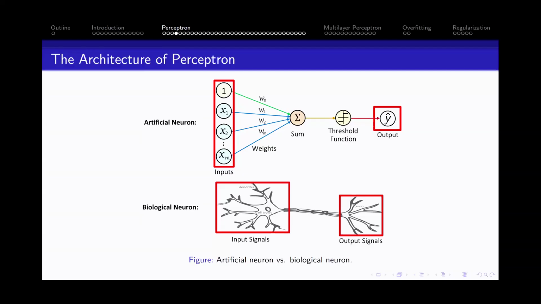So the mathematical operations that can help us fire this input signal in artificial neurons can be defined within the threshold function.